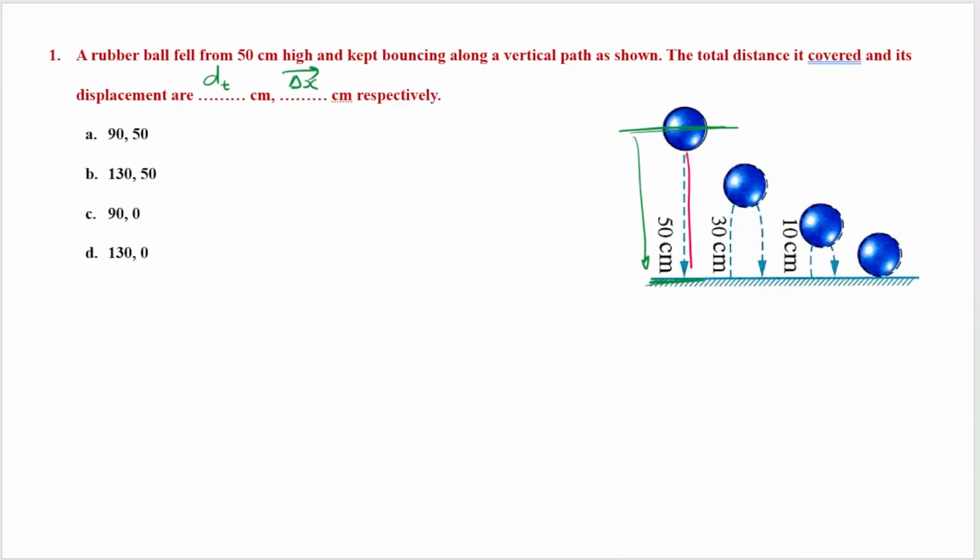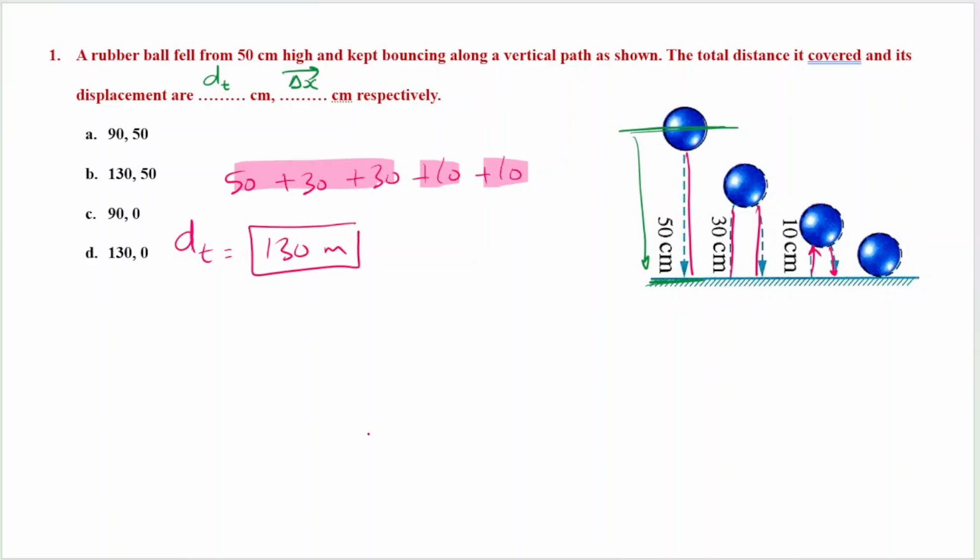The first distance is 50 down, then 30 up, then 30 down, then 10 up, then 10 down, then it's done. So the total distance covered is 50 plus 30 plus 30 plus 10 plus 10, which is 130 centimeters. And the direction is not needed. So this is wrong, right, wrong, right. So the answer is B or D.